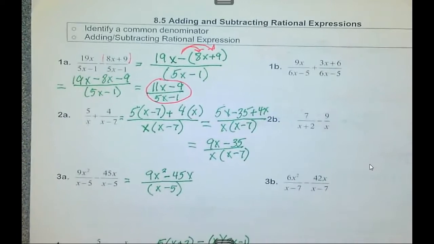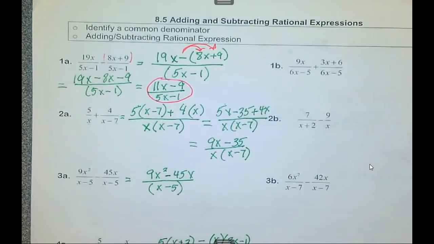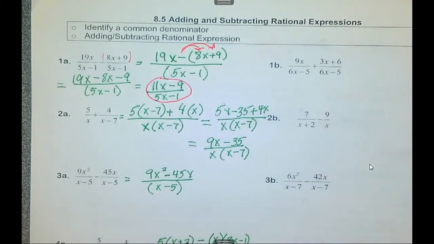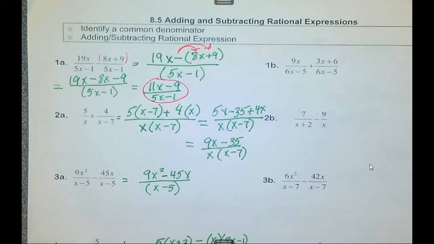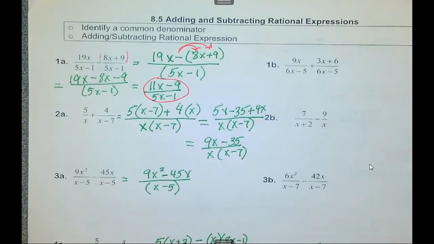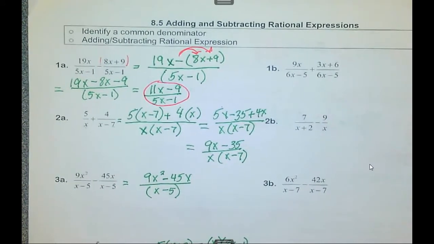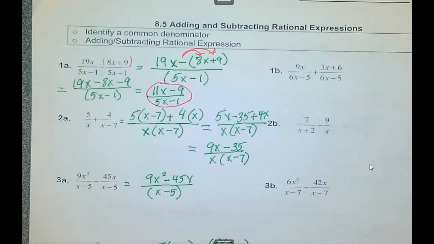Pardon me? Well, there's a website, if you type in something like rational expression calculator, for practice, it'll put it in and walk you through each step. There's several of them. You type it in and it'll tell you exactly what each step is.